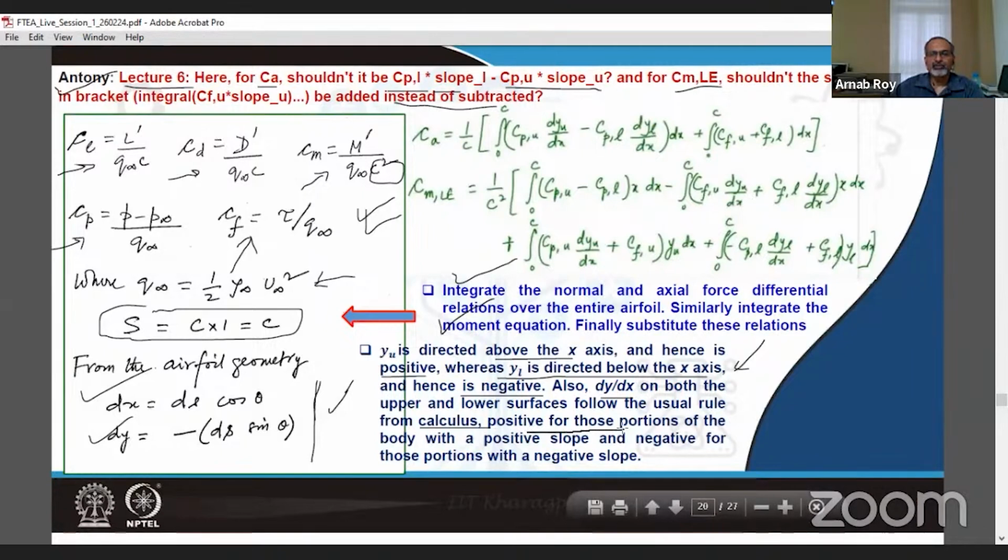So they are positive for those portions of the body with a positive slope, negative for those portions of the body with a negative slope. So putting all this together into the expressions that we have derived should be able to fulfill the requirements and prove that these equations are consistent. So you can do that as a homework later.